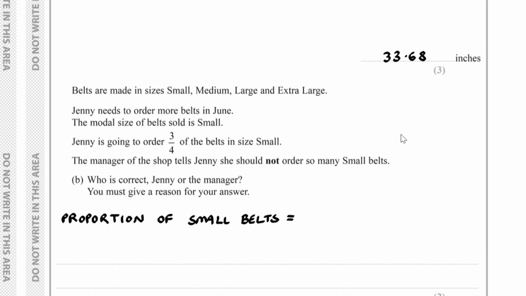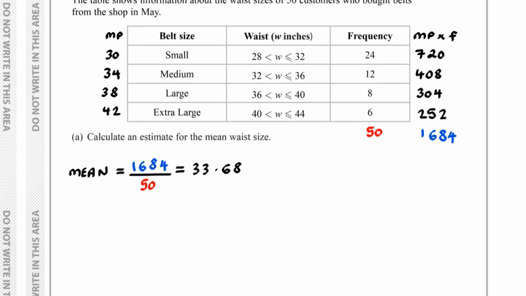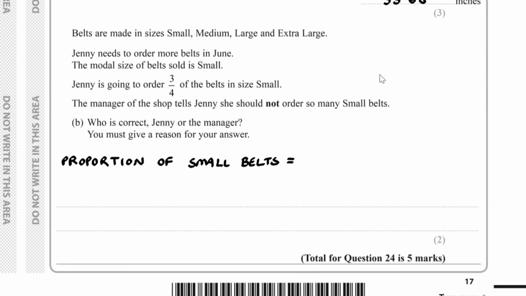Well, the proportion of small belts, we have 24 out of 50. And what this is approximately equal to is 1/2.